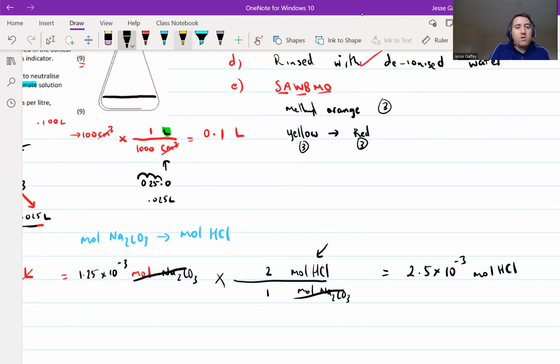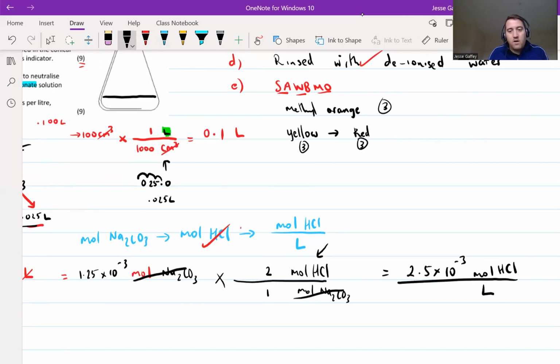Okay, so now that I have moles of HCl per titration, I want to know how many moles per liter that is. So I'm going to go to moles of HCl per liter. That means I need to turn this unit into moles over liters.